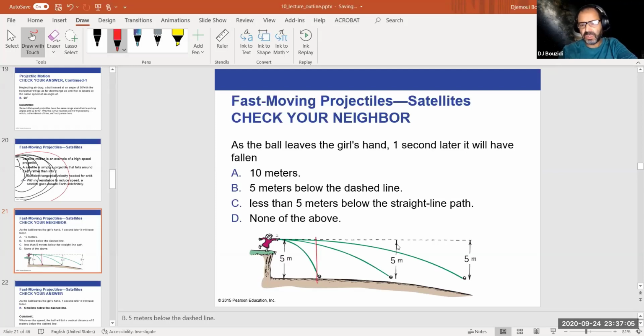But if she throws it with a higher speed, the 5 meters it falls is short of the ground, so it could end up somewhere else. So it's going to require more than a second to land. If she throws it with a higher speed, it's probably going to require even more, maybe 2 seconds before it lands, or 3 seconds, or 5 seconds, or no matter what, it's going to stay in orbit. Okay.